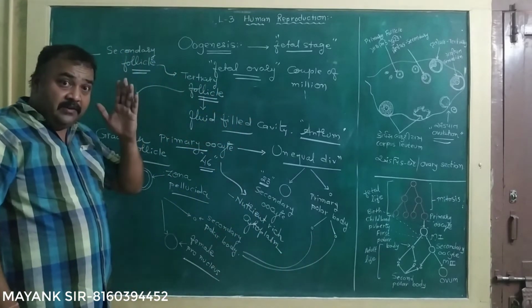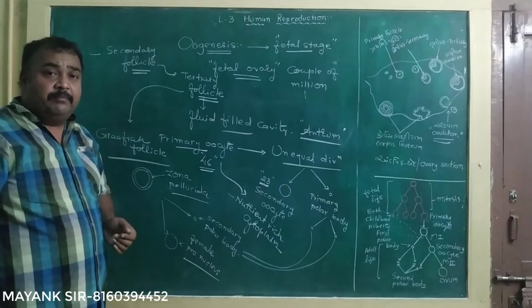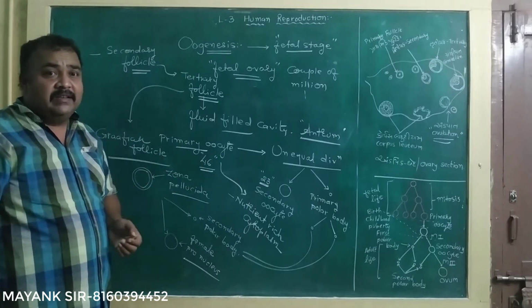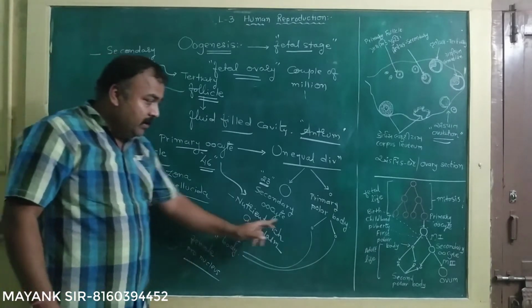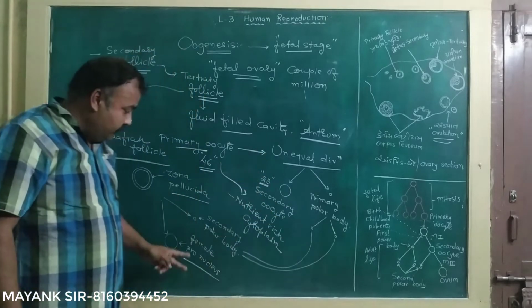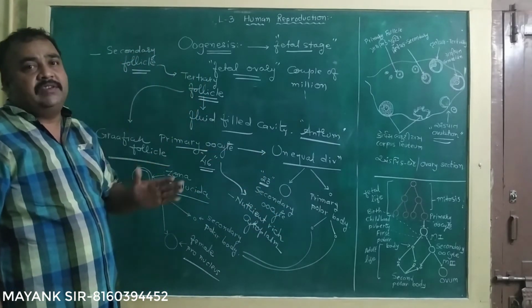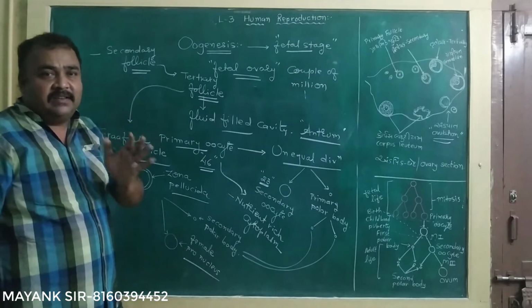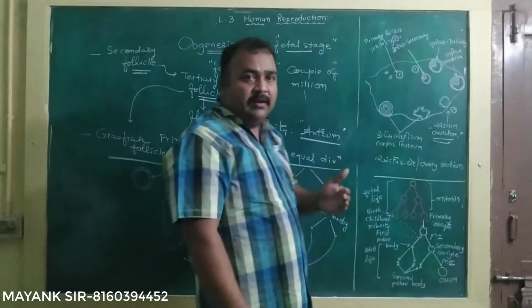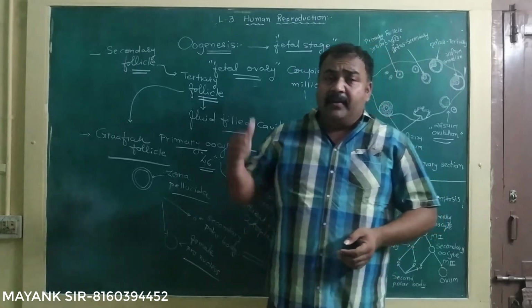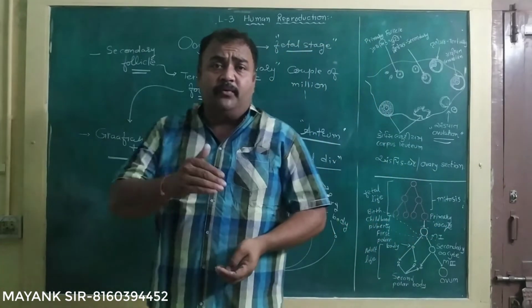So at the end, from every secondary oocyte, the number of polar bodies will be 3 and 1 will be the female pronucleus. This was the process of oogenesis. Last time we studied the process of spermatogenesis. This time we have studied the process of oogenesis.